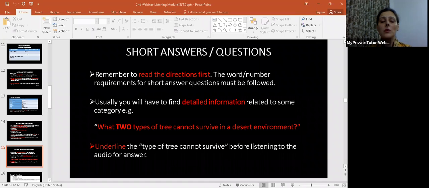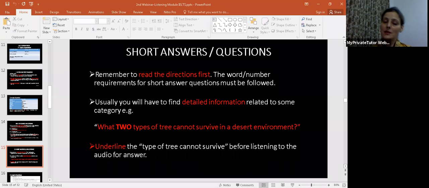Short answer questions. Okay, remember, read the directions first. Whatever the question is asking from you, you have to follow all this. The word or the number the question is requiring you to write, you have to be very specific to that. You have to write one number or one letter or two letters or two words.